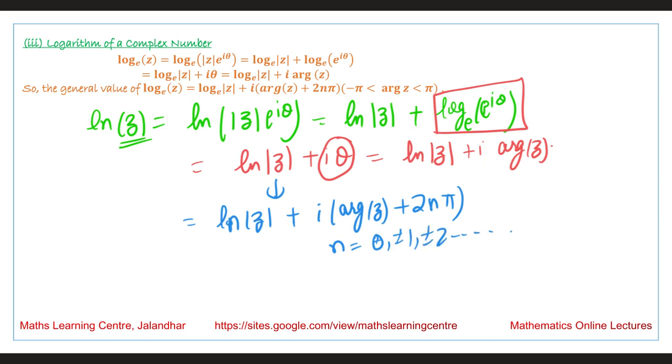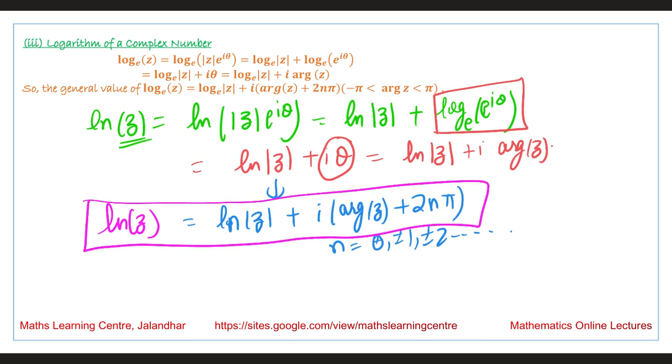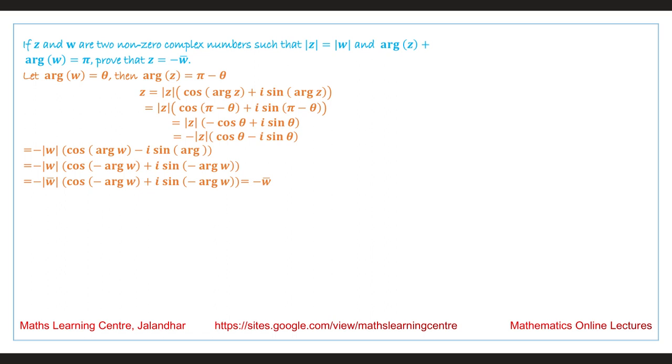So we have this formula: log of z is equal to log of mod z plus iota times argument of z plus 2n pi. This is how we define the logarithm for the complex number.